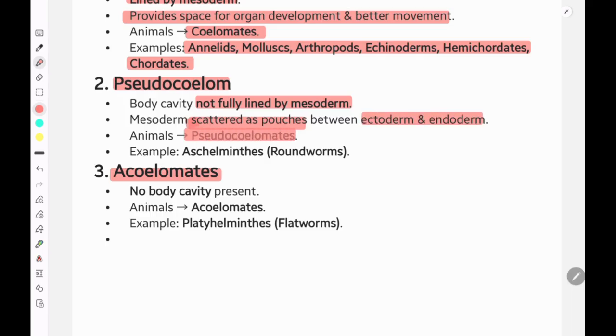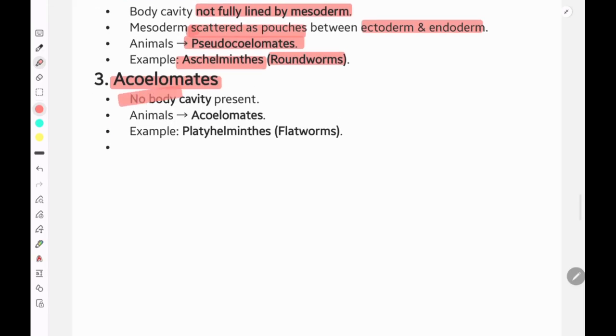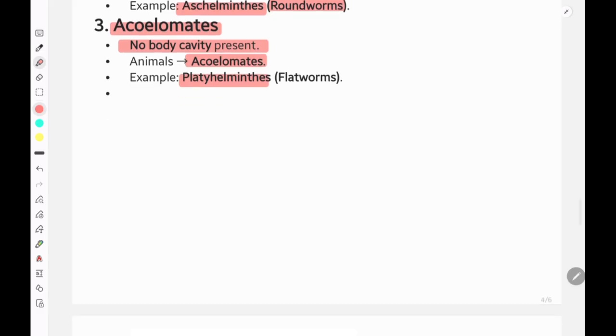They are called pseudocoelomates. Examples are aschelminthes, also known as roundworm. Acoelomates have no body cavity. Examples of acoelomate are platyhelminthes, that is flatworm.